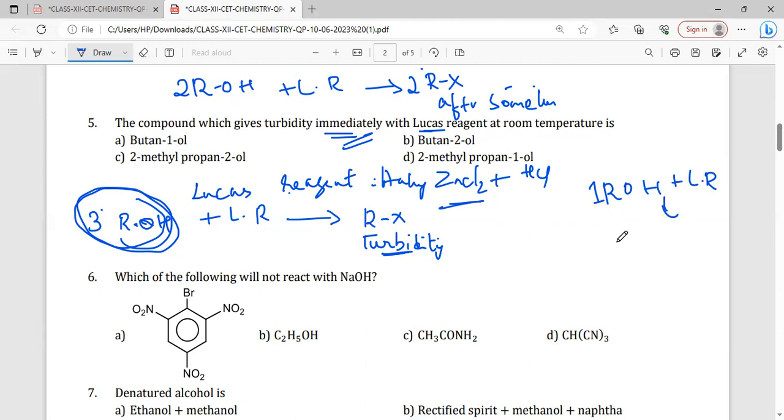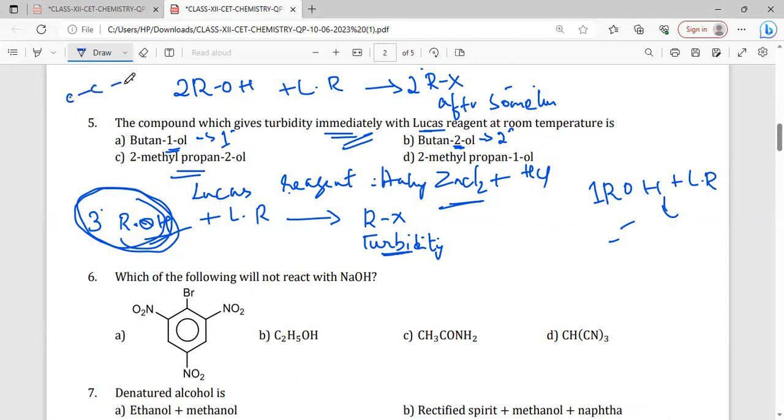So at room temperature, it won't show turbidity immediately. So it has to be a tertiary alcohol. Now in these options, we have to choose a tertiary alcohol. Butane-1-ol, obviously this is a primary alcohol. Butane-2-ol, this is a secondary alcohol. Now observe 2-methylpropan-2-ol. It's a tertiary alcohol, right?